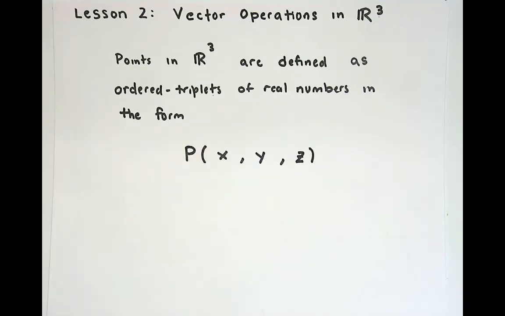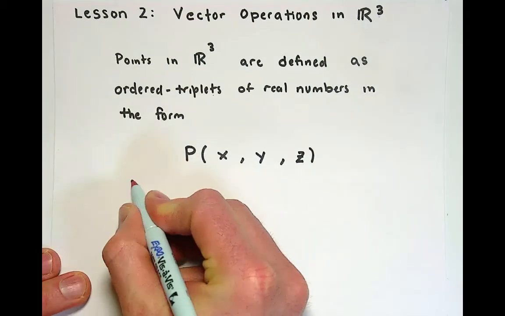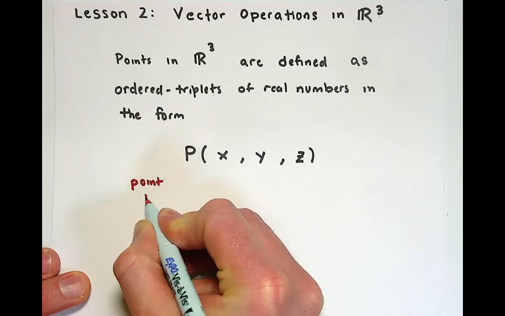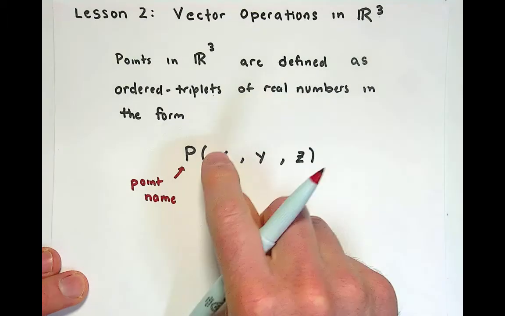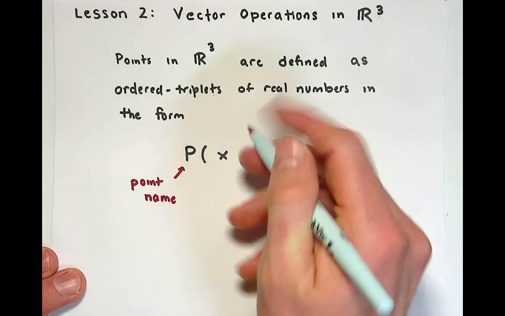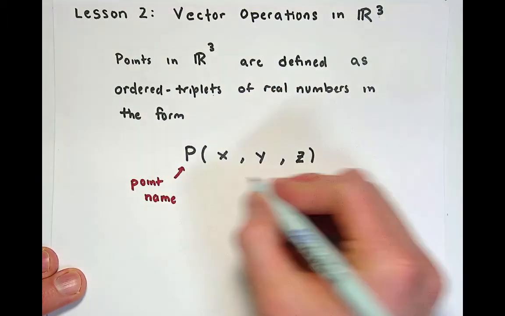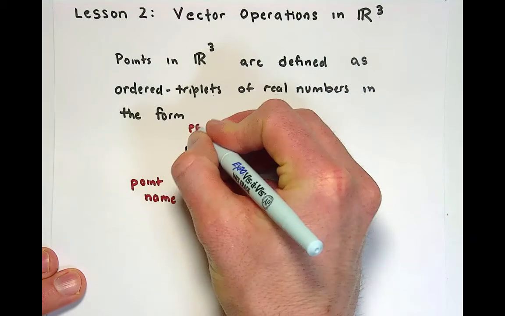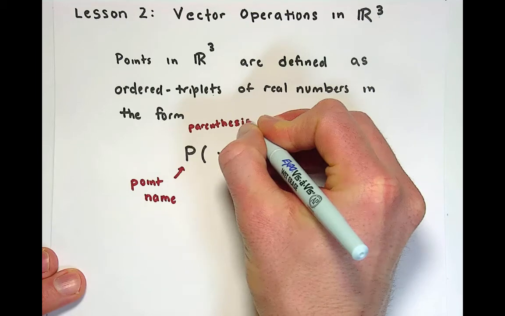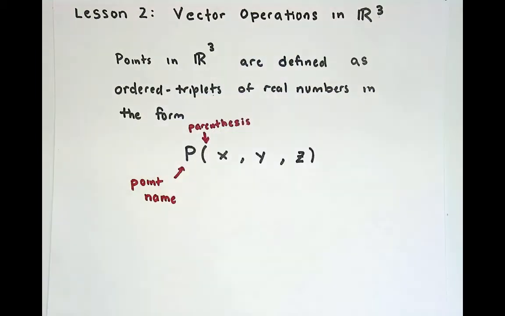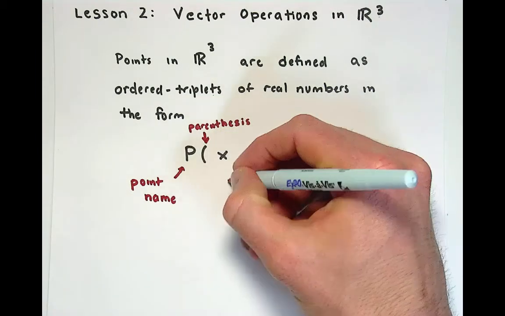So the point name is written out in front. In this case, we're calling this point P. Just as we did in R2, we use parentheses for the points. If we see a point in R3, the coordinates should be given in parentheses.